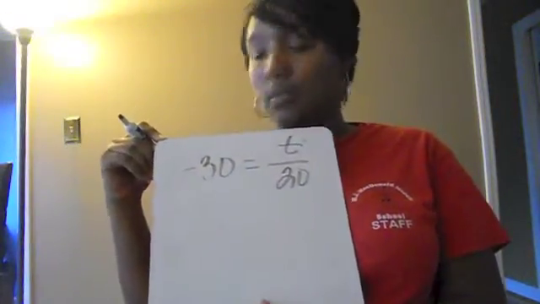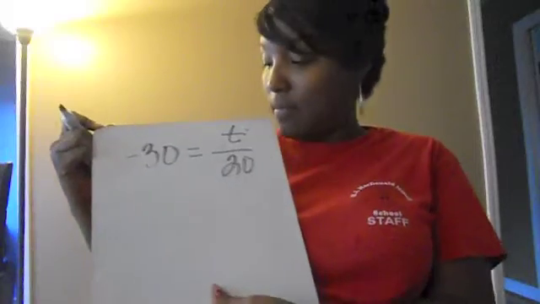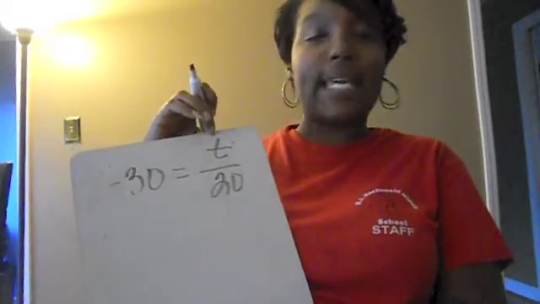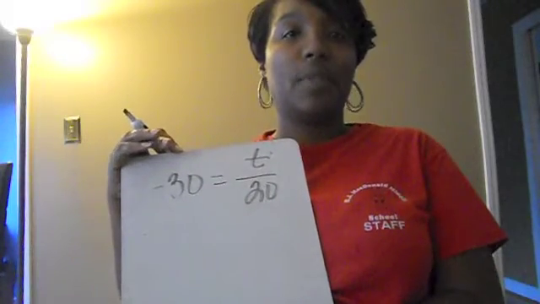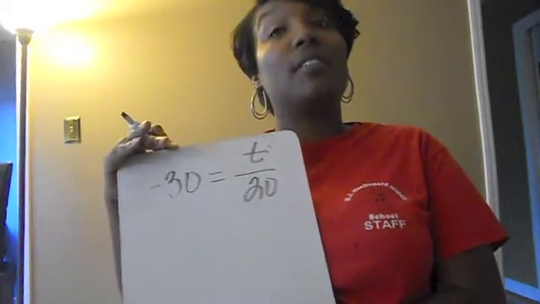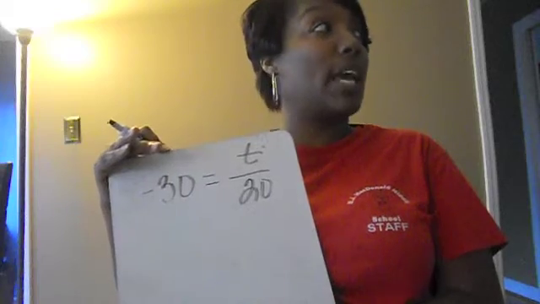Okay, let's do one last example. Negative 30 equals t divided by 20. So the opposite of division is multiplication.